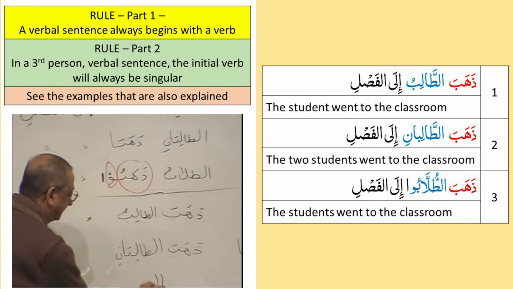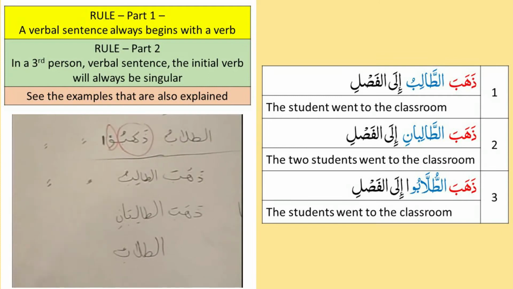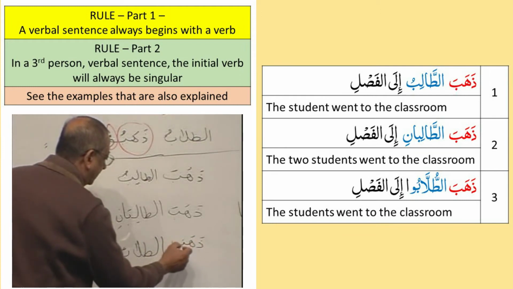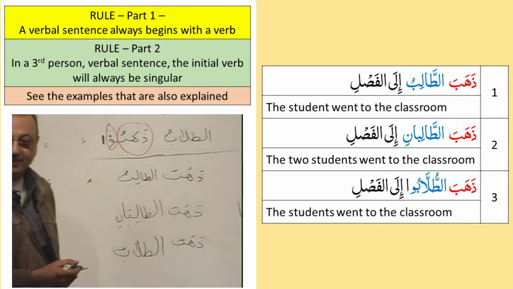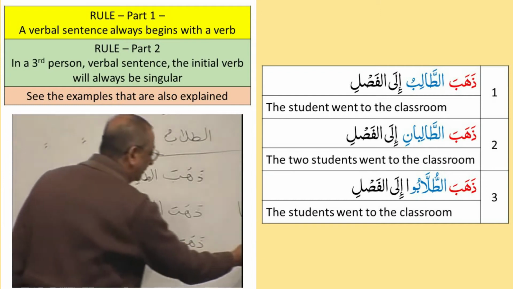Okay? Now we say at-tullabu. What kind of verb shall I use? What form of verb? Again, zahaba. Many of you will be tempted to say zahabu at-tullabu, because you say it's a jama, so I use jama.